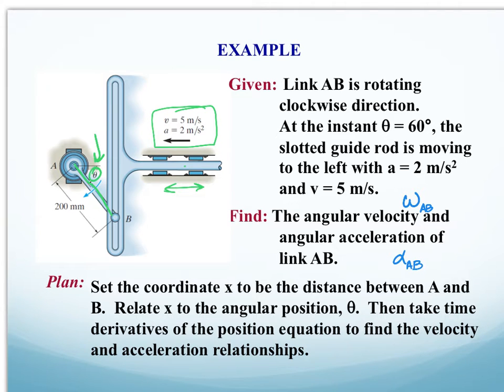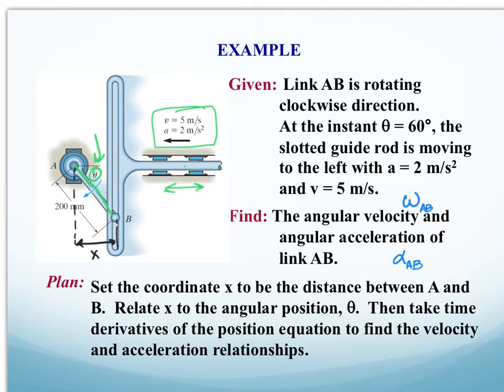We're given a hint: find the x-coordinate to be the distance between A and B. So what do they mean there? Here's point A, and here's point B, and this is equal to x. You can see that we could write x as a function of theta and the length of the link AB.